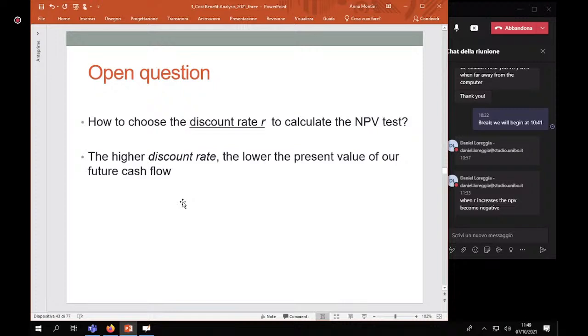But it changes a lot, because the rationale that we want to follow is to go ahead with a project only if the net present value is positive. But if we change the discount rate and the net present value becomes negative, it is a problem for us. So we want to decide the proper discount rate or the optimal discount rate to be sure that the net present value test tells me the truth, helps me to decide if I have to go ahead with the project or not. Okay?